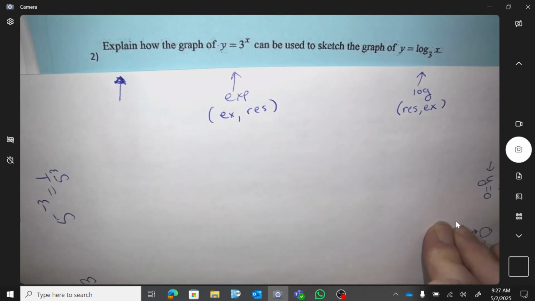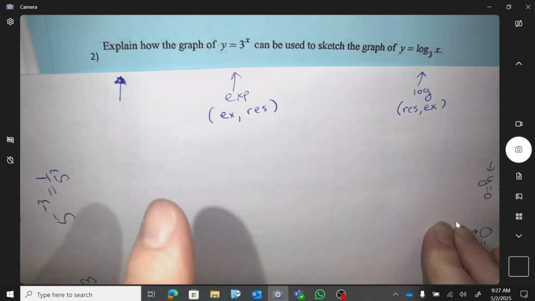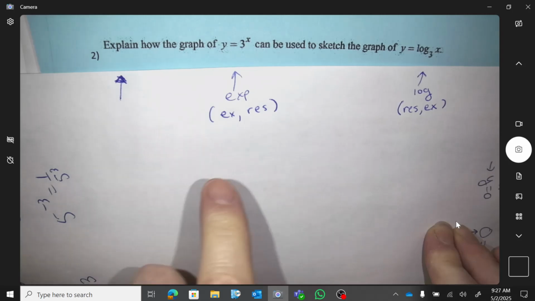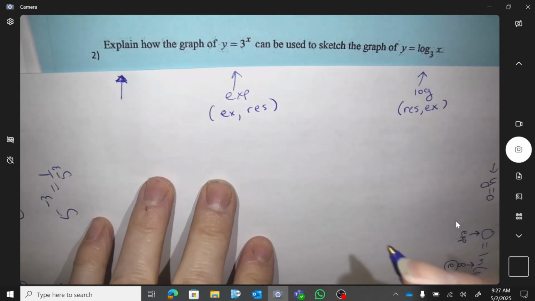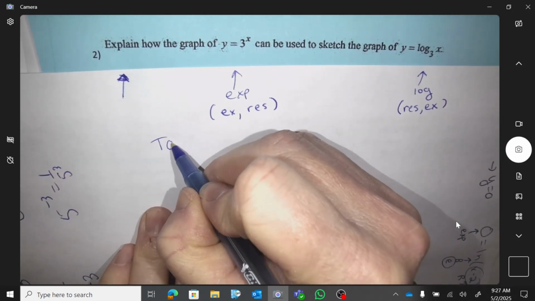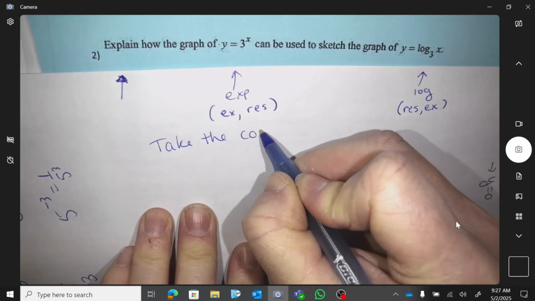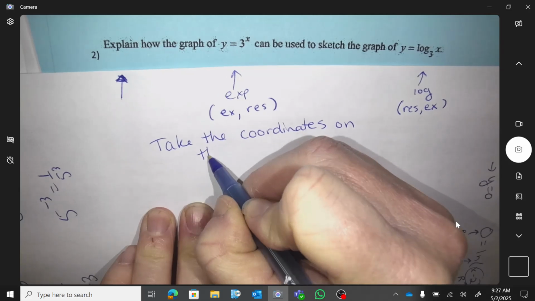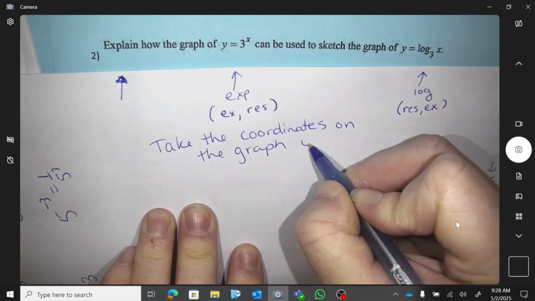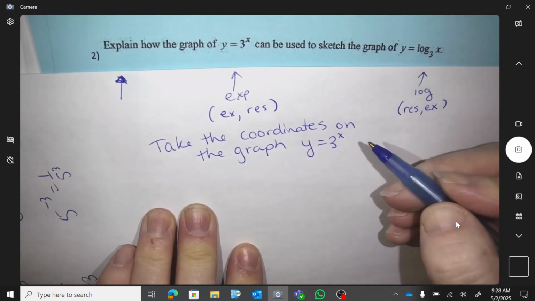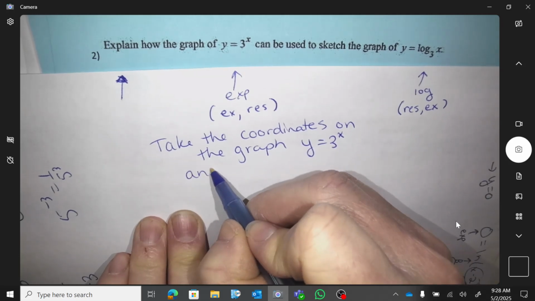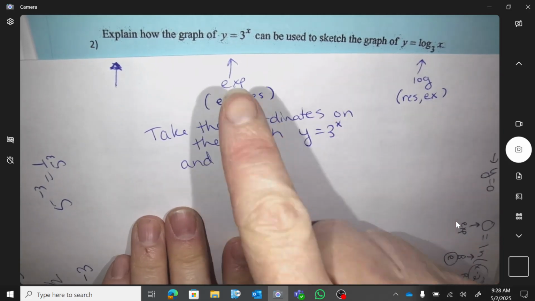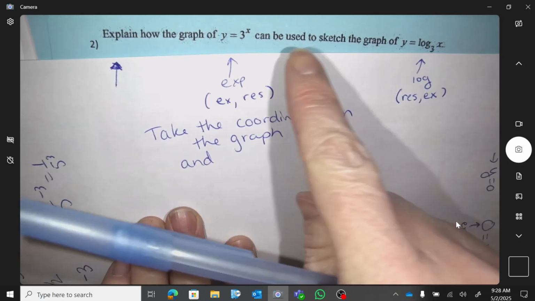So what could we write as a sentence? How can you use the graph of this to take maybe the coordinates and change it to that? So you could say, take the coordinates on the graph y equals 3 to the x. Take the coordinates off of that graph, and how could you use that to graph this?